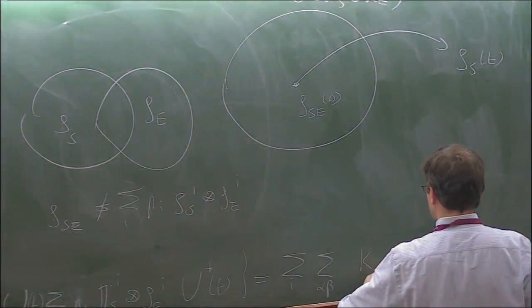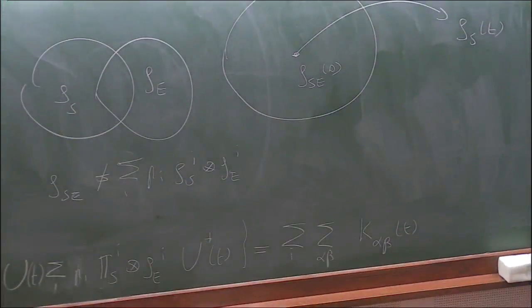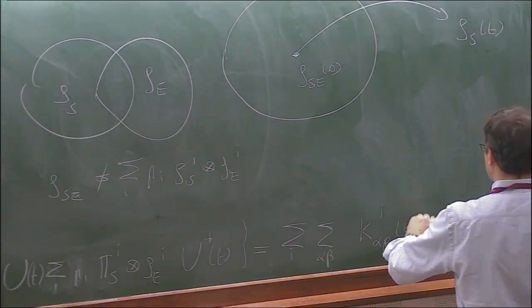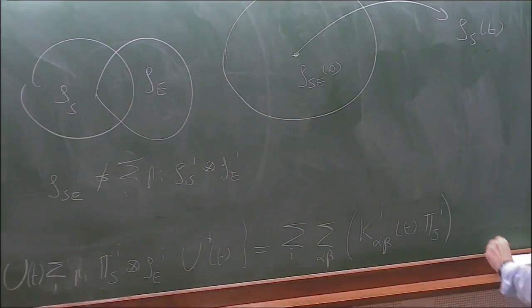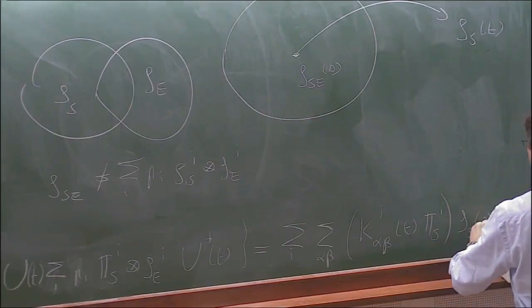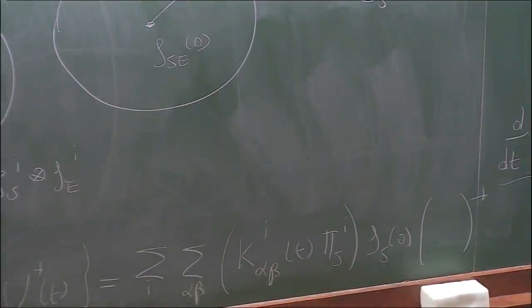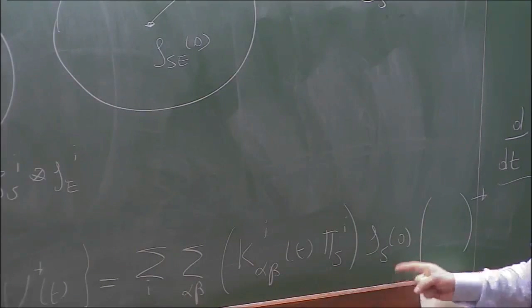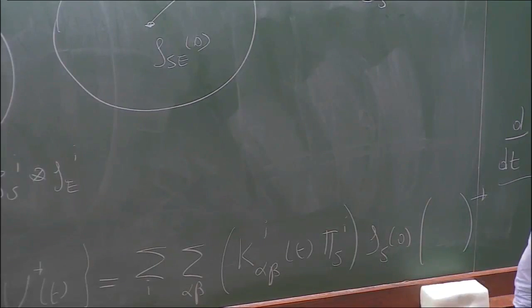I introduce certain K_alpha beta(t), the very same which I used yesterday, which now will depend, however, also on the label i, and then this one-dimensional projector P_i. Here I put rho S(0), and I consider the adjoint of this operator. So here I'm writing down an explicit Kraus representation for the map, so that I'm showing that it's a linear map, trace preserving, positive, and in particular completely positive.